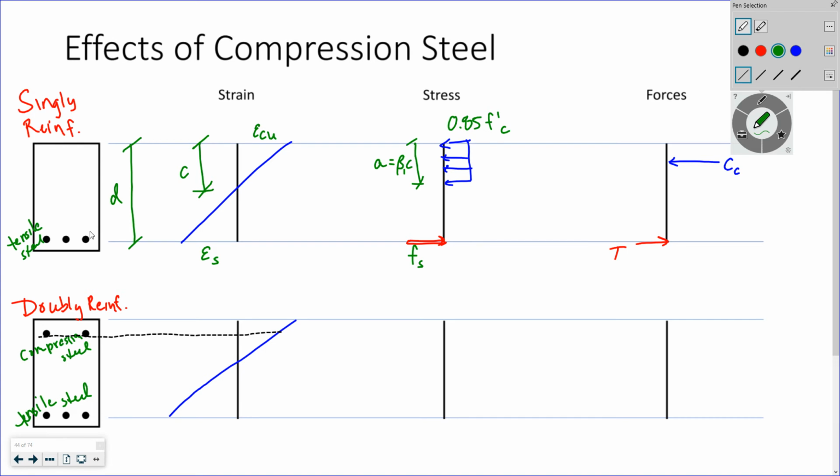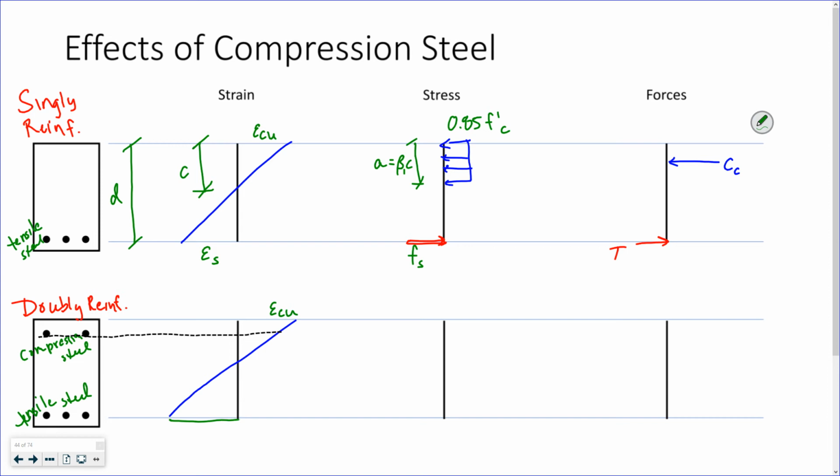I'm still going to assume ECU there for my extreme compression fiber in my concrete. The strain value down here, ES, but now we also have ES prime. When we start talking about anything in the compression portion of the cross section, we're going to add a prime to it.